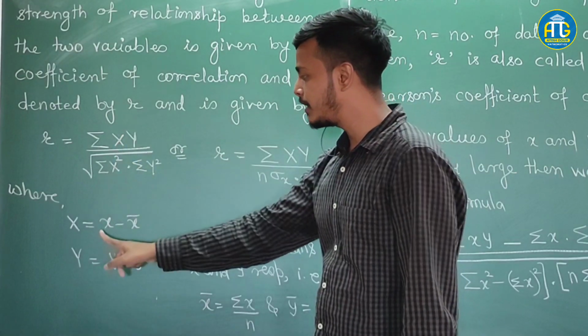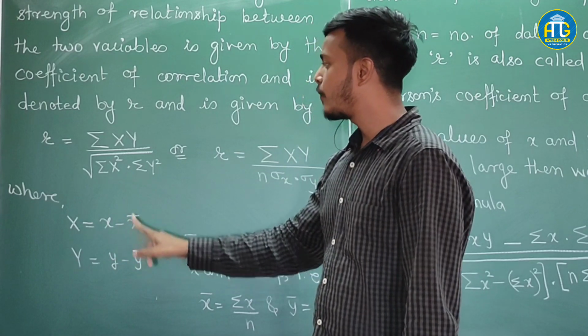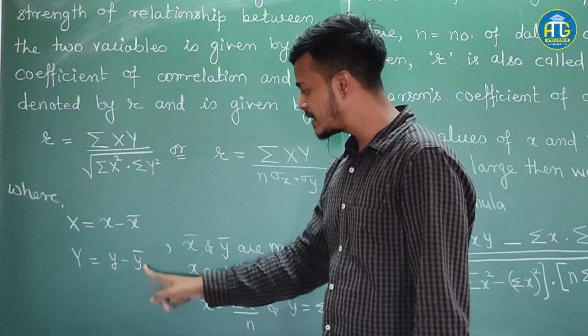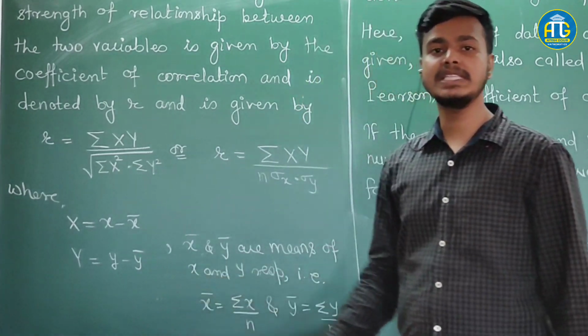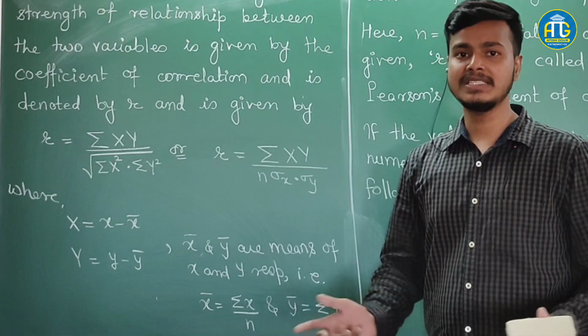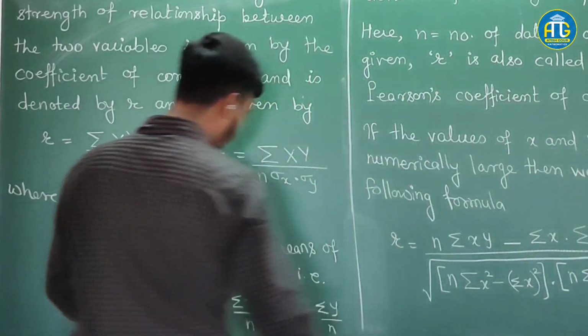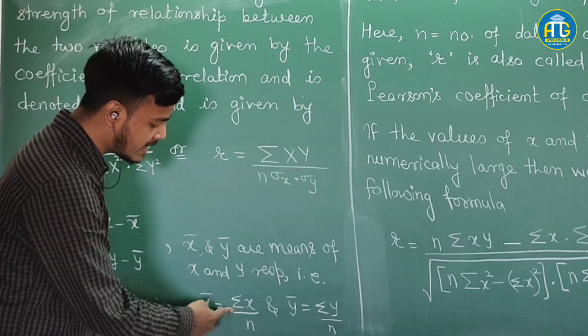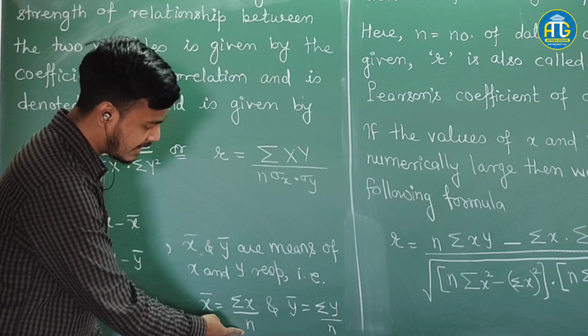What is this x? This x is nothing but x minus x bar. What is this capital Y? This is y minus y bar, where x bar and y bar are nothing but the means of x and y respectively. What is mean? Mean is nothing but the average value, and if you wish to find out the mean, x bar is equal to summation x upon n.